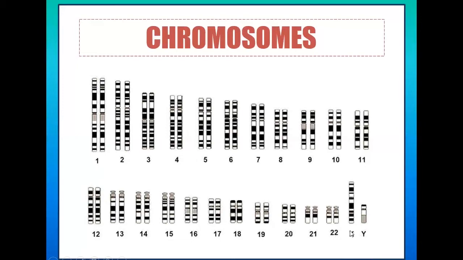Now, if you are a male human organism, you have one X chromosome and one Y chromosome. So from what you've seen here, we can all agree that the human organism having this chromosome pair is male.